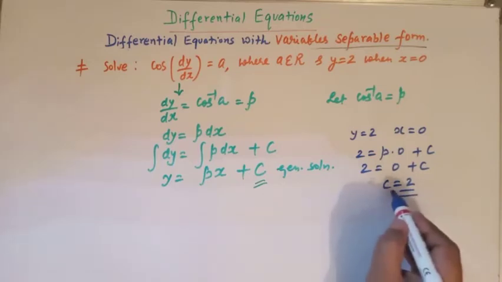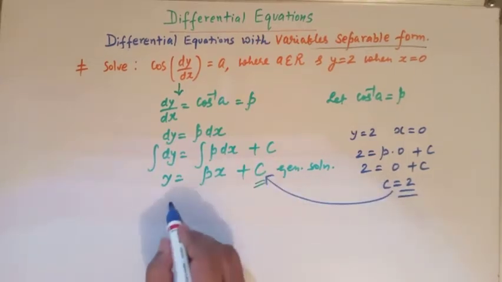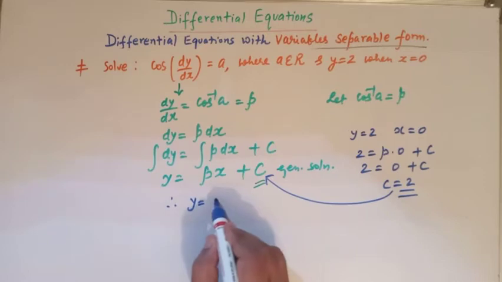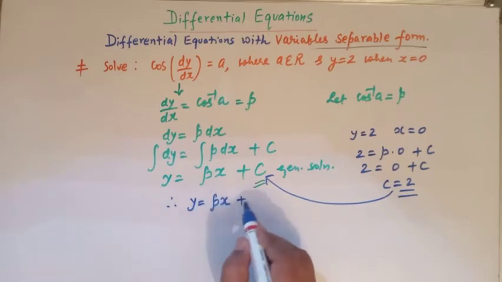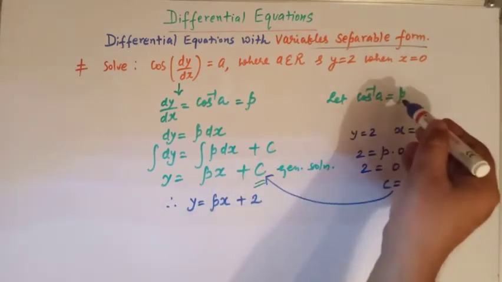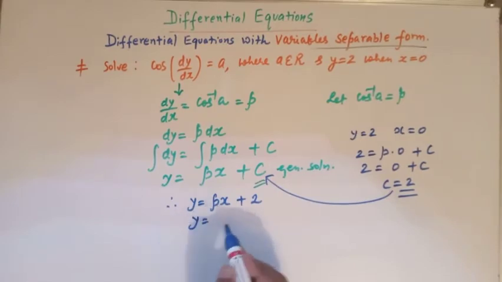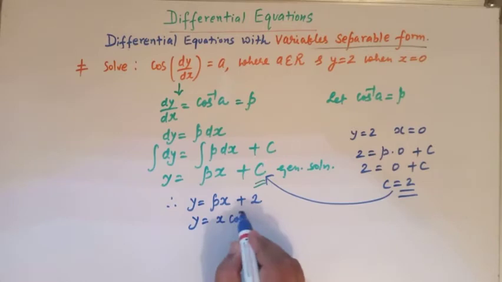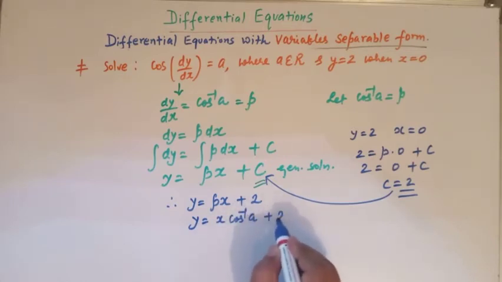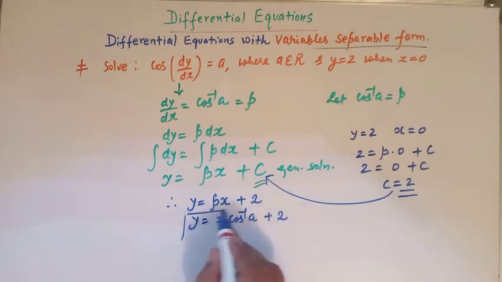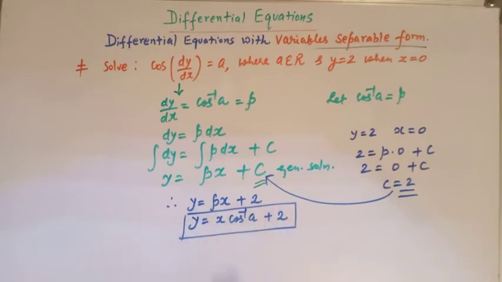Now we substitute c is equal to 2 here, so therefore we get y is equal to px plus 2. Now again resubstituting the value of p, we have x cos inverse of a plus 2. So this is the particular solution of this differential equation.